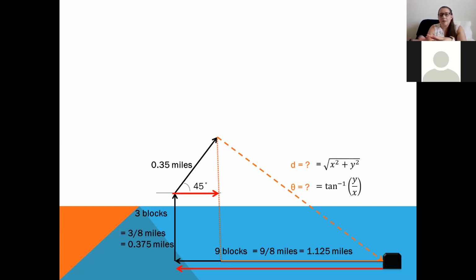So if we take our 9 blocks west and add on the x component of that smaller triangle up top, then we get the actual length of that bottom orange line. And similarly with the y component of that orange triangle, if we take how far north he went to the store plus how far north he went through the park, then we end up with the y component of the orange triangle.